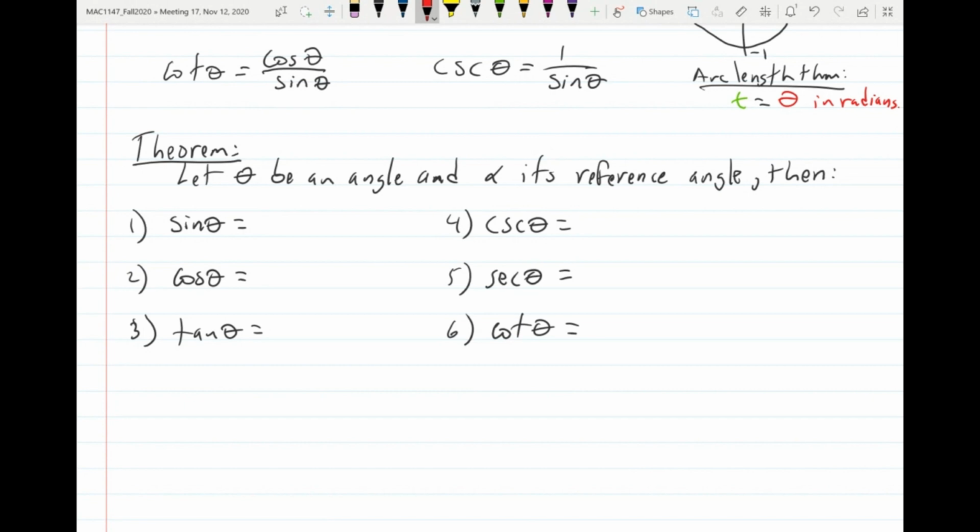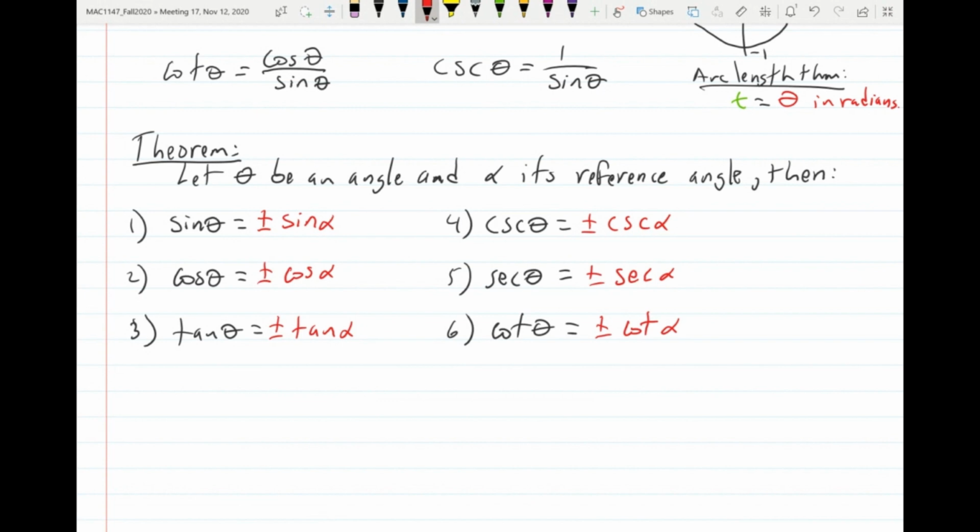Okay, and then the result is, as we know, the sine of theta is the same thing as plus or minus sine of alpha. Cosine is plus or minus cosine of alpha, but then the same extends to the others. It's going to be plus or minus tangent, plus or minus cosecant of alpha, plus or minus secant, and plus or minus cotangent.